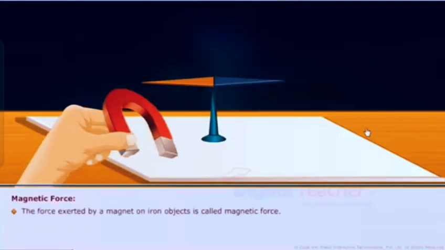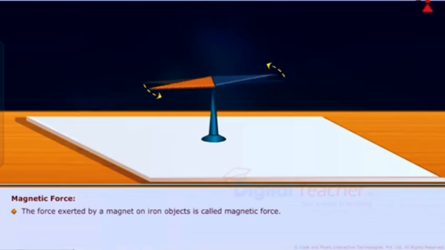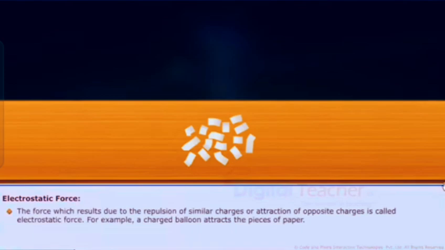The force exerted by a magnet on iron objects is called magnetic force. The force which results due to the repulsion of similar charges or attraction of opposite charges is called electrostatic force.